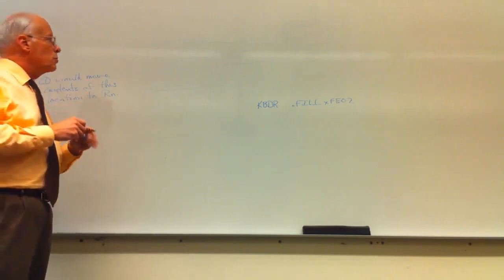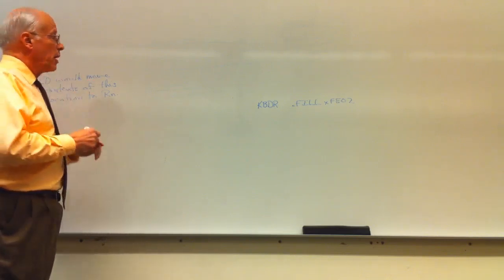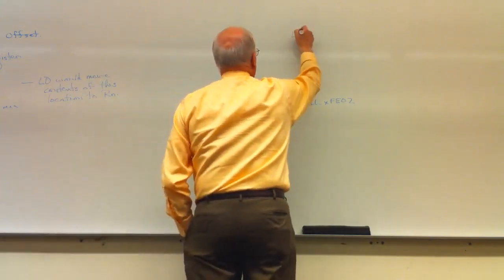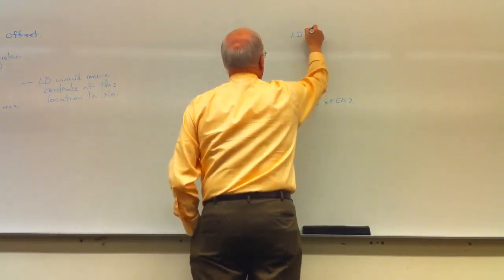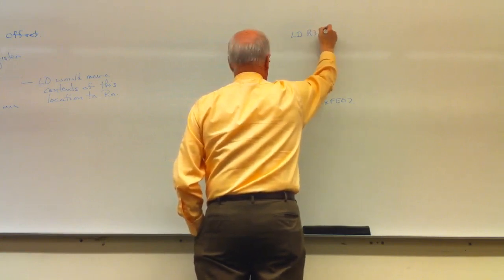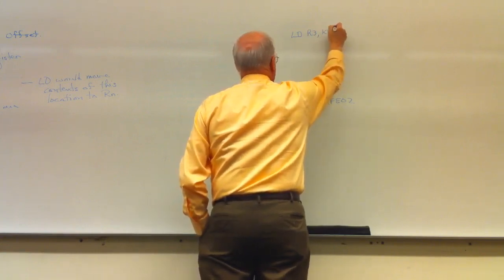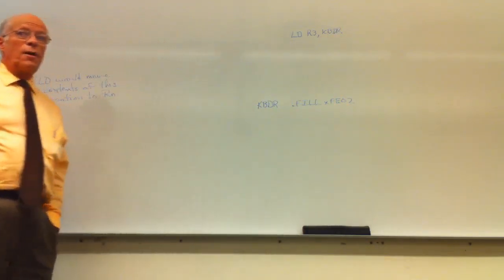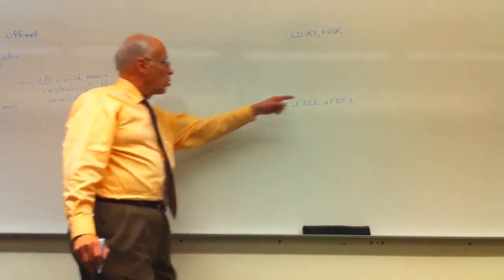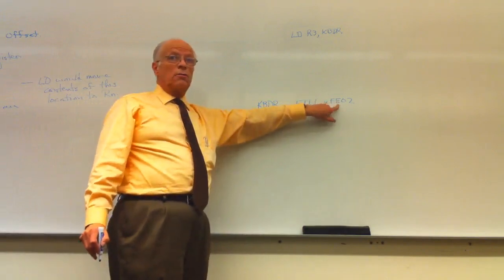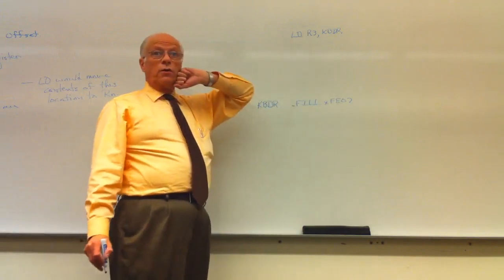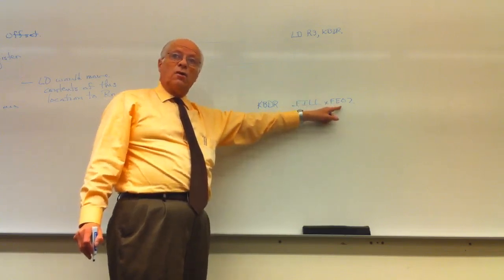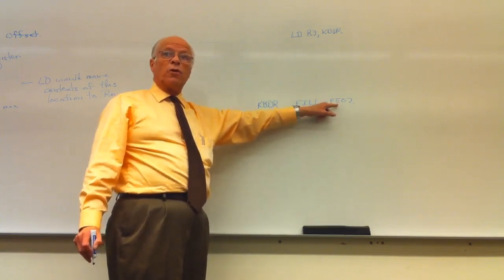Let me show it without the LDI and then show you how that LDI comes in. I can say load register 3 from the keyboard data register. Now that just loads this number into register 3. But this isn't my data. My data is out there at this memory location.